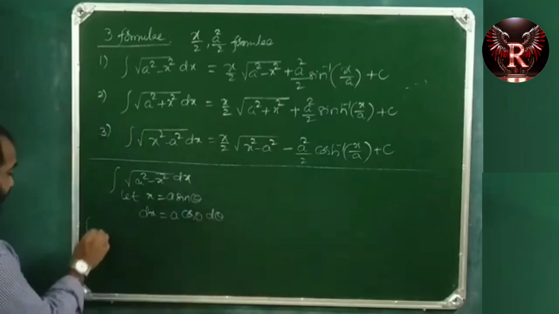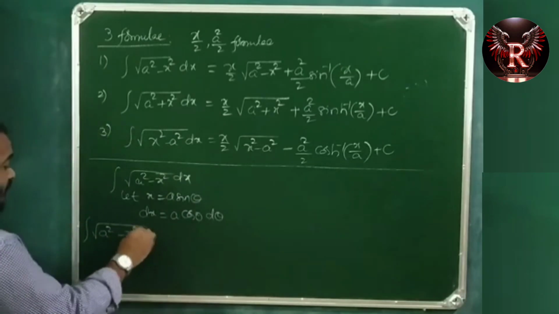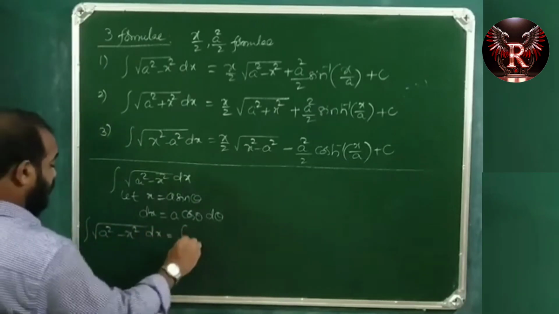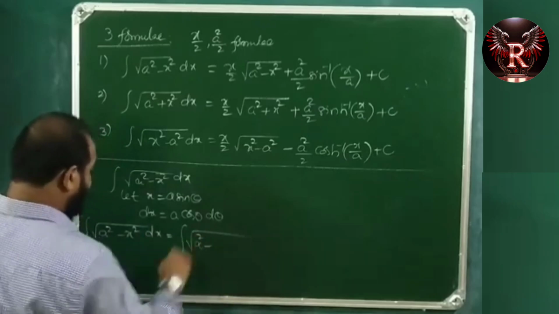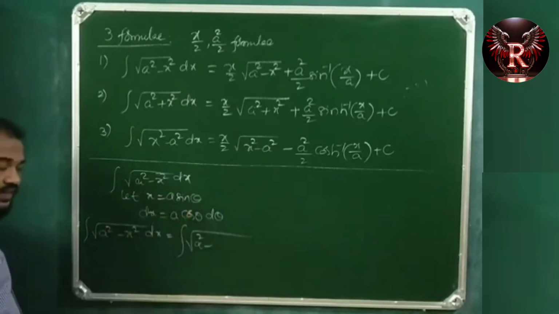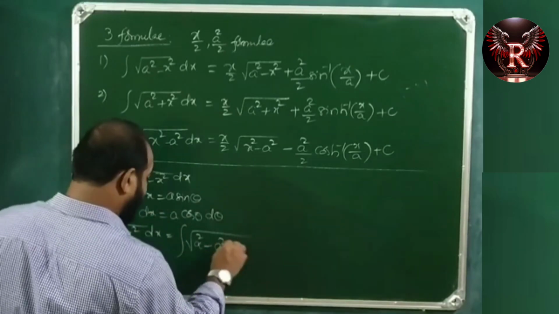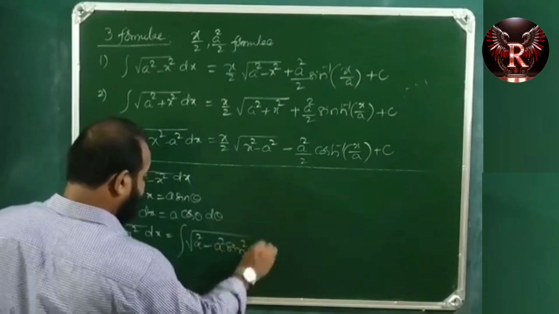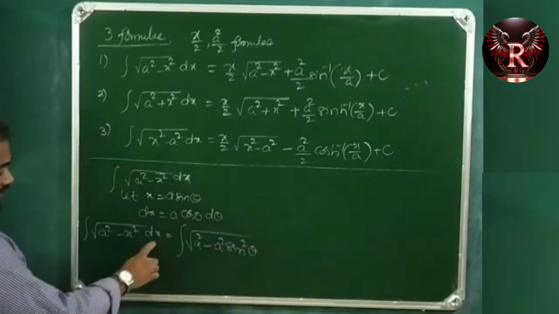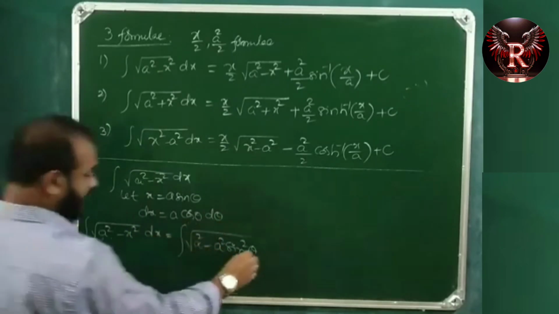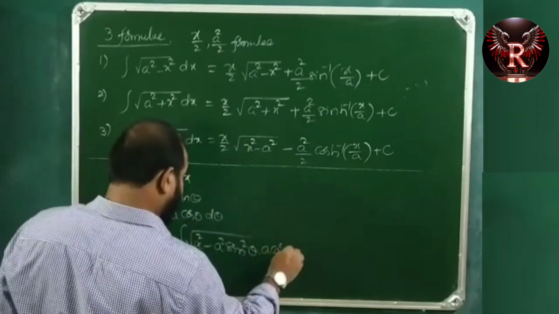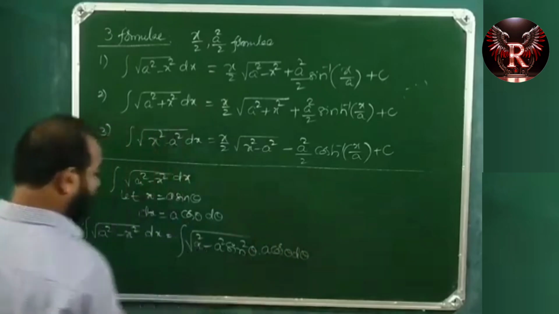So now integral root of a square minus x square dx is equal to the square root of a square minus x square, where x is a sin theta, so x square is a sin theta whole square, that is a square sin square theta, into dx, which is a cos theta d theta.